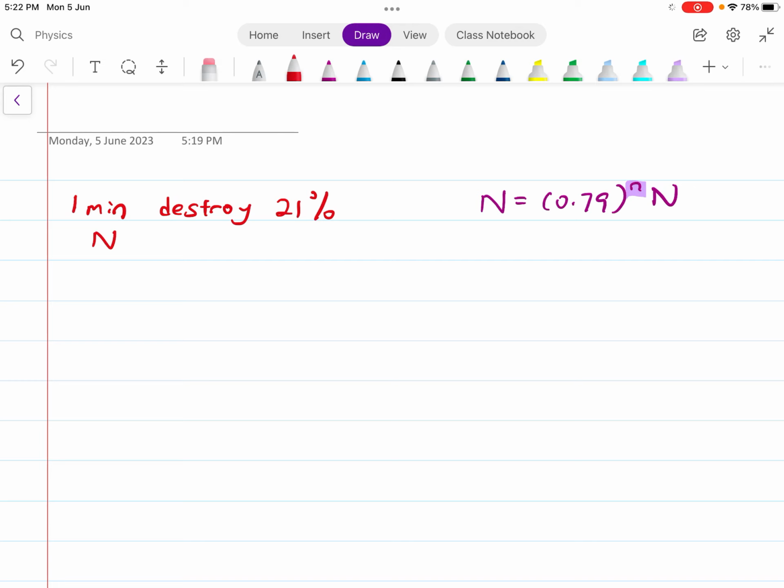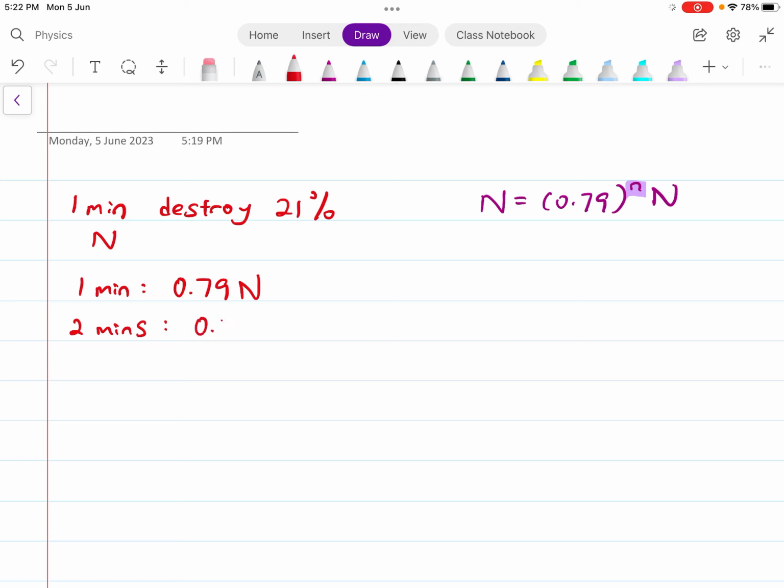First, every 1 minute I destroy 21%, meaning that after 1 minute I'm left with 0.79 or 79%. So after 1 minute I'm left with 0.79N of bacteria. Then after the second minute, I destroy another 21%, meaning I have 79% of this left.